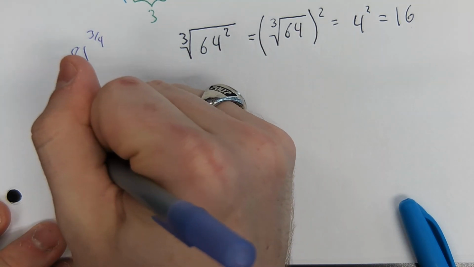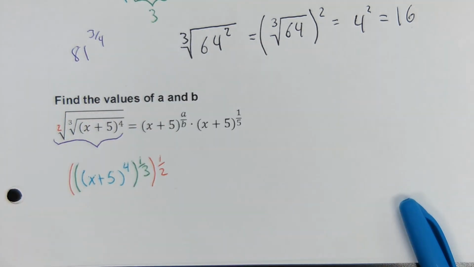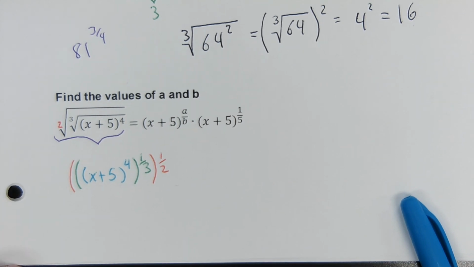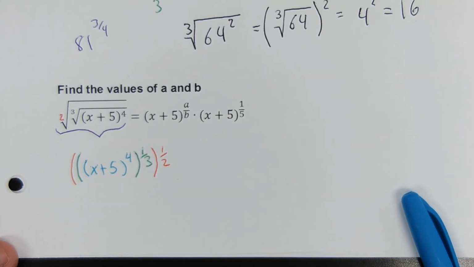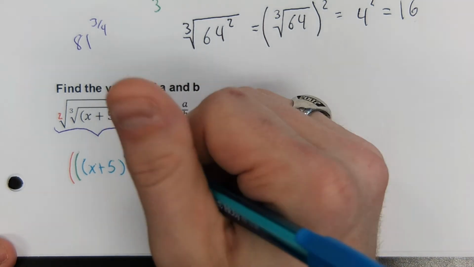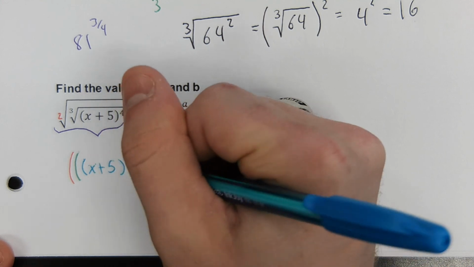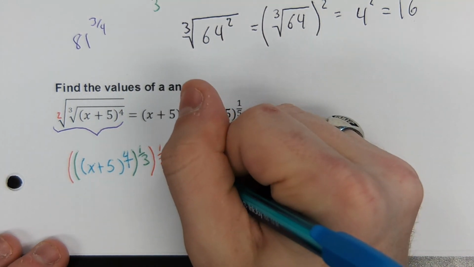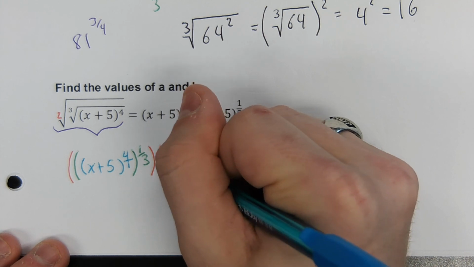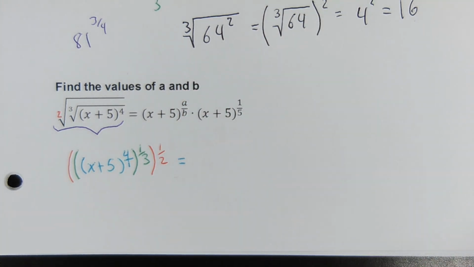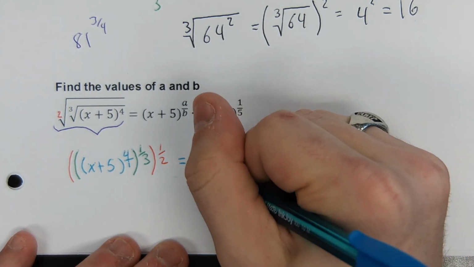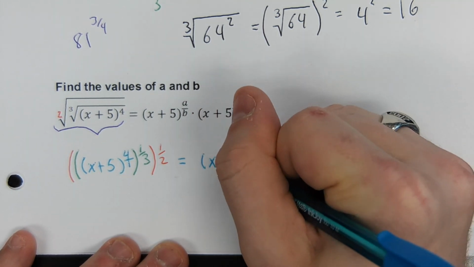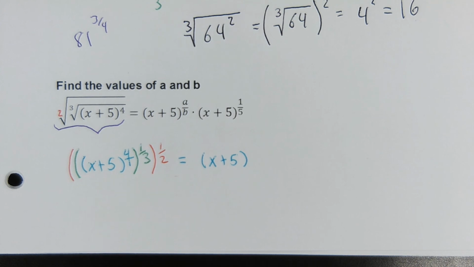I took this and I rewrote it with no radicals. The order of the exponents is unimportant. I do want to remind you that this 4 is a 4 over 1. The x plus 5 is just an x plus 5. Do not let it mess with you. It actually means nothing. It's completely unimportant.